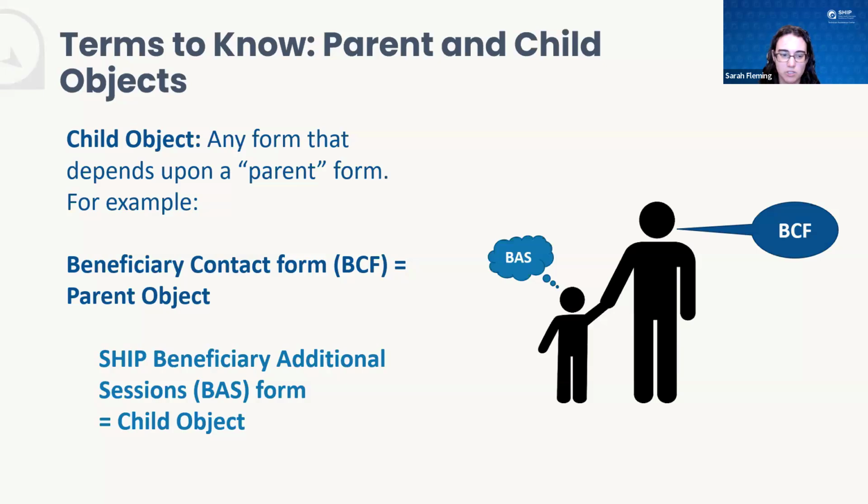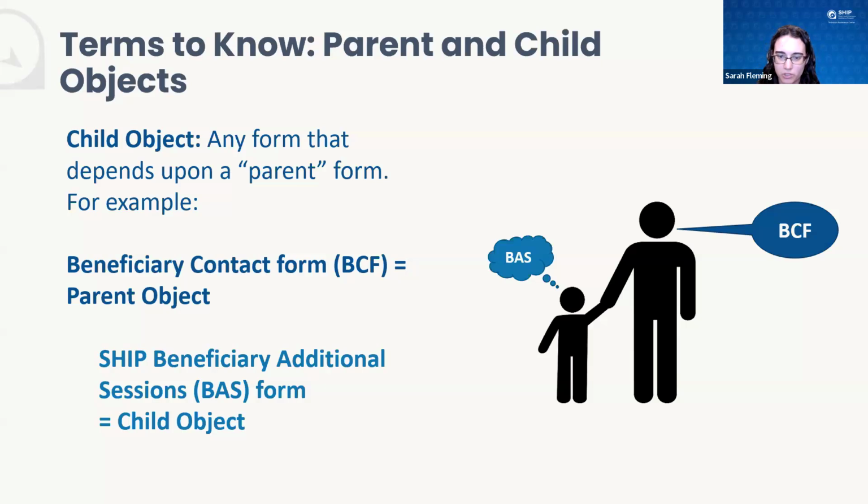And to understand the relationship between the two, we use this term that's, I think, often used in database development called parent and child objects. So a parent form is a main form that you're working with, and a child object form is tied to and located and accessed under that form. So we'll show you what this looks like in the demonstration. And many of you who've been using STARS for a while already know that, through the tracking inbox, you access a new beneficiary contact form.